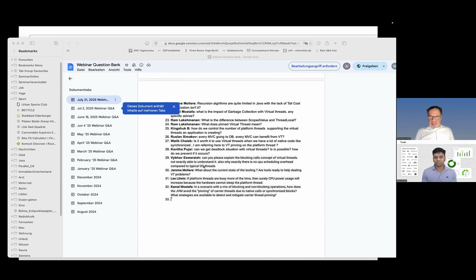Okay, Ram, what is the difference between scoped value and thread local? Thread local has several drawbacks. It's not immutable, and I would say it doesn't scale that well, and it doesn't automatically inherit with the structured concurrency scope.